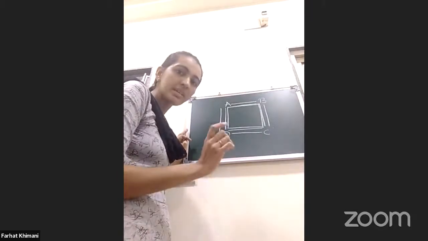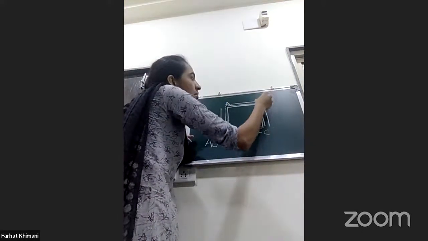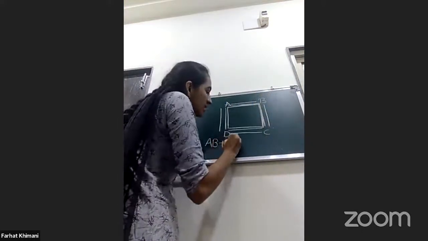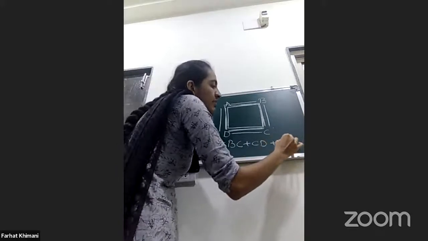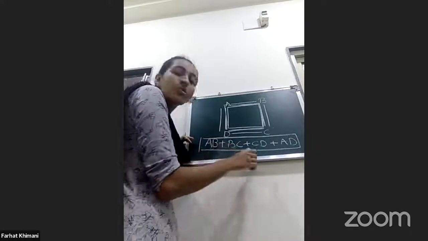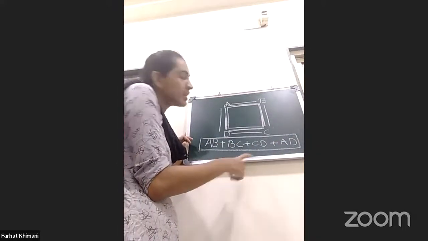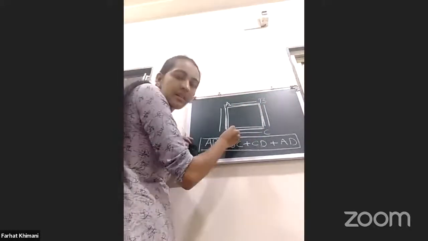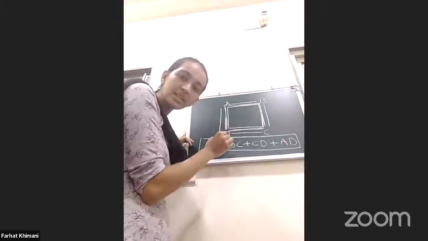Got it? See, this side AB plus this side BC plus this side CD plus this side AD. We will add all these four sides, so what we will get is the perimeter of the square. And since this is a square, all the four sides have equal measures.